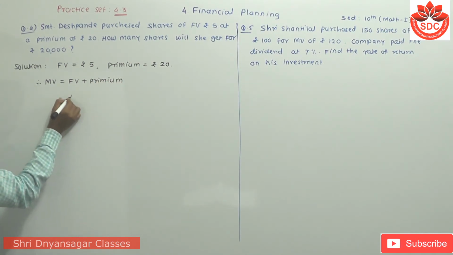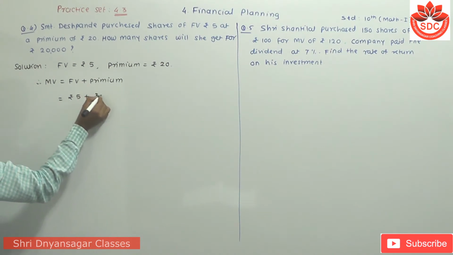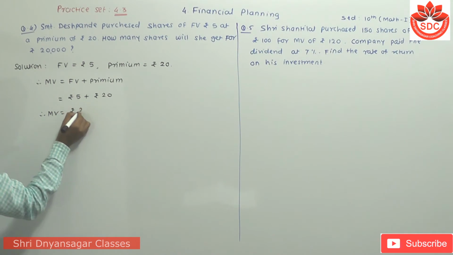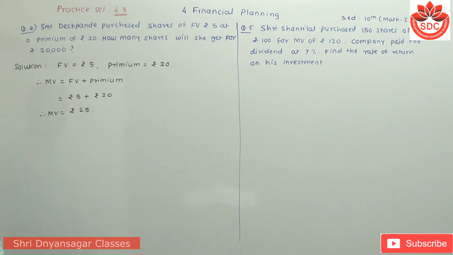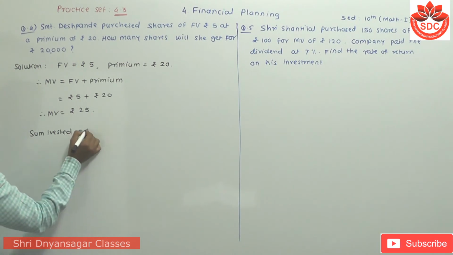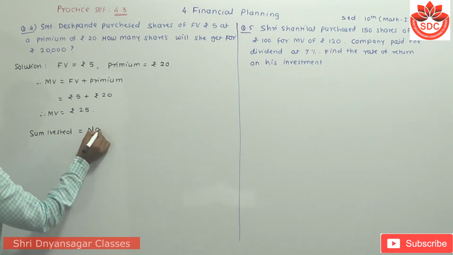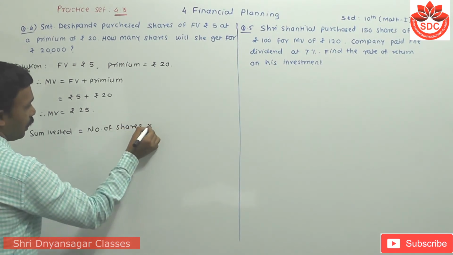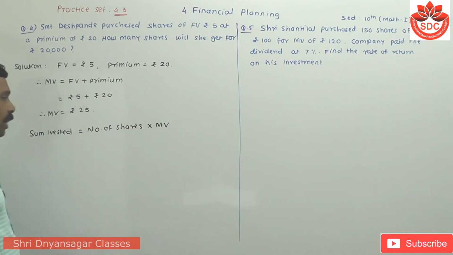Therefore MV is equal to 5 rupees plus rupees 20, meaning MV is equal to rupees 25. Now here the investment is 20,000 rupees, meaning sum invested is equal to number of shares into market value.